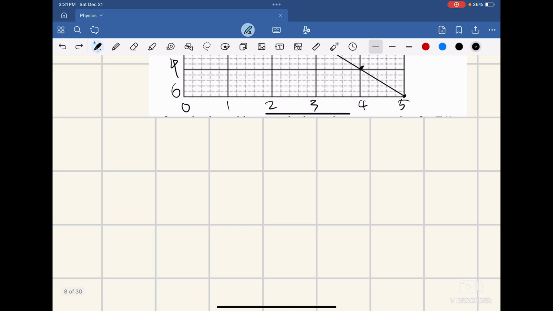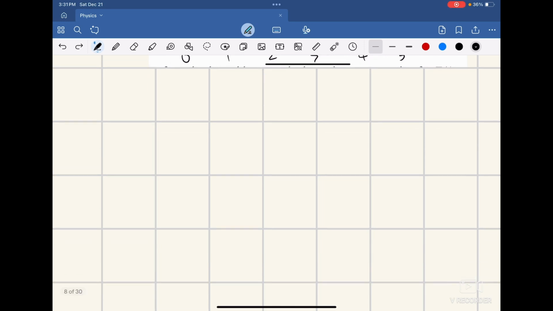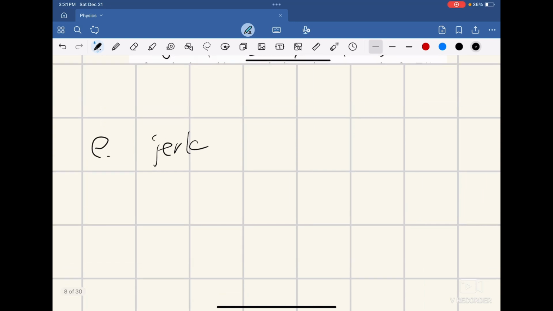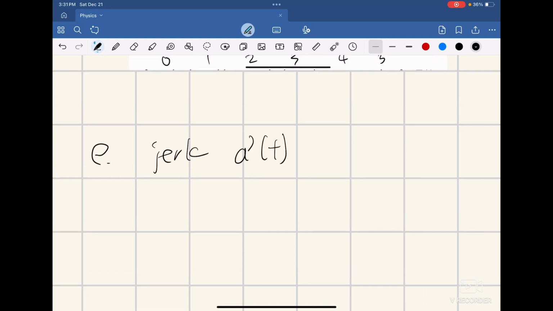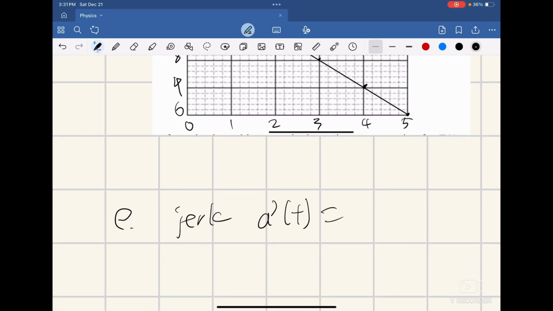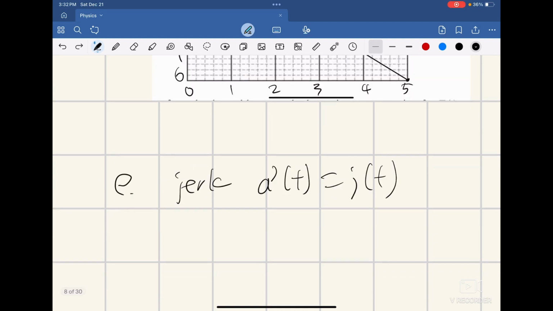For part E, we're asked what information can be extracted from the acceleration versus time graph in part D. We can find two things, mainly. The first is jerk, because the derivative of the acceleration, which is equal to the slope, is the jerk. So A prime of t is equal to J of t.